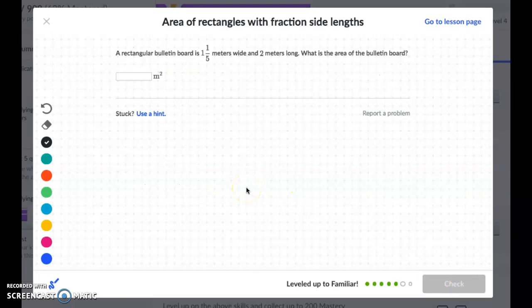A rectangular bulletin board is 1 1/5 meters wide and 2 meters long. What is the area of the bulletin board? So 1 1/5 times 2. I'm going to make my 1 1/5 into an improper fraction. So 5 times 1 is 5 plus that other one.